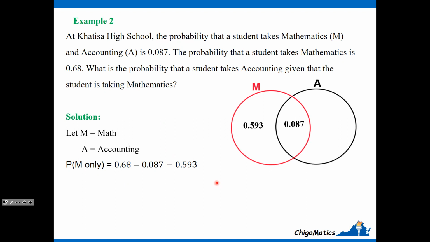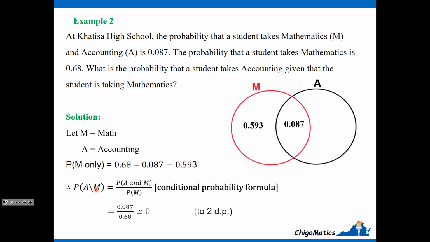So right now, what we want is to answer the problem. We need to define that the student is taking maths already, but we want to find the probability of him or her taking accounting. So the probability of taking accounting given that the student is doing mathematics will be the probability of A and M, that is accounting and mathematics, over the probability of mathematics, the reduced sample space. Then from there, we plug those things in. The probability of A and M is what we have here.